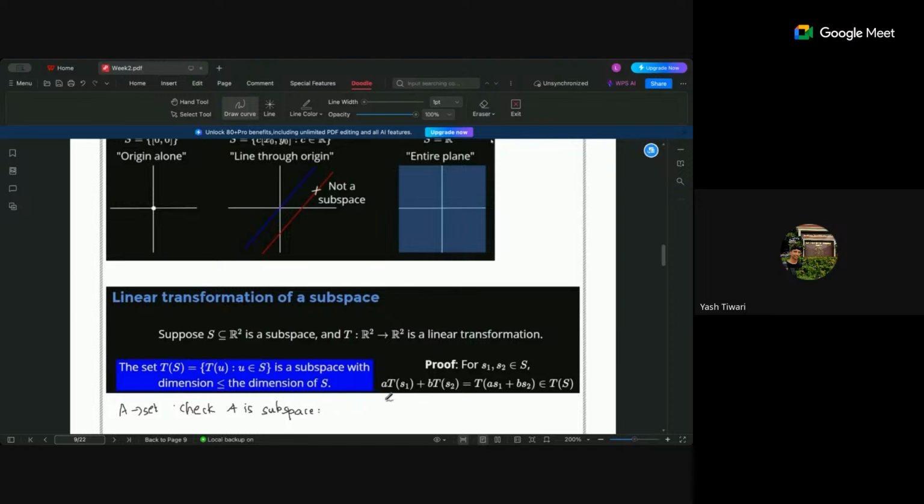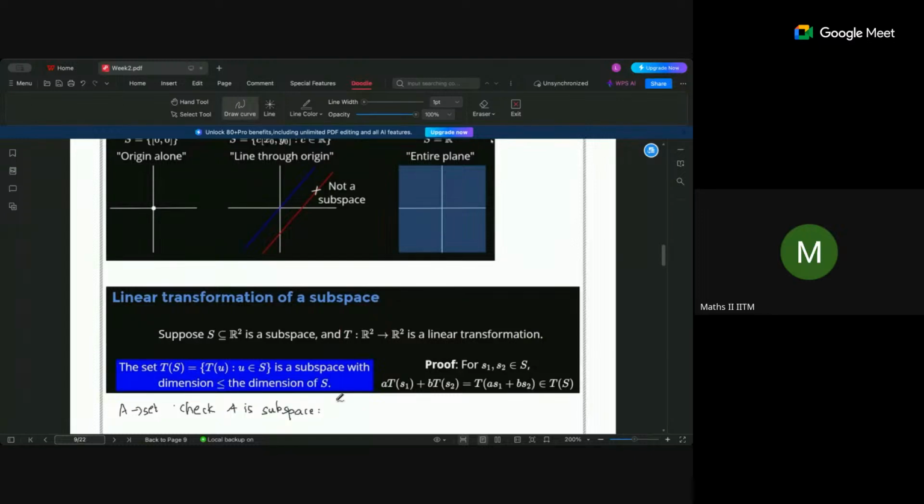If we scale by some constant, that will also be within the subspace, and it is closed under addition. So it is closed under addition and scalar multiplication, right? In a precise way, there is a shortcut.